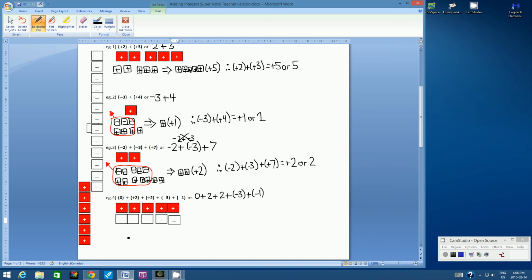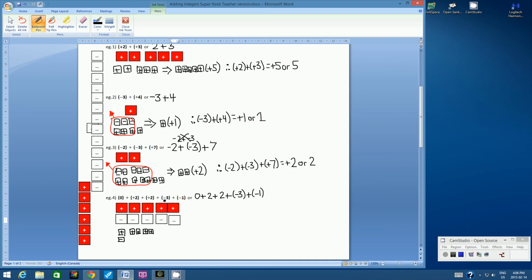Here we go. So the first integer, 0. So how about we just leave this 0? Or if we wanted to build it exactly the way we did with the tiles, let's do it that way then. I started that way, I might as well continue that way. Okay, that's the first integer, 0. +2. Okay, 1, 2 positive tiles. +2 again. 1, 2 positive tiles.